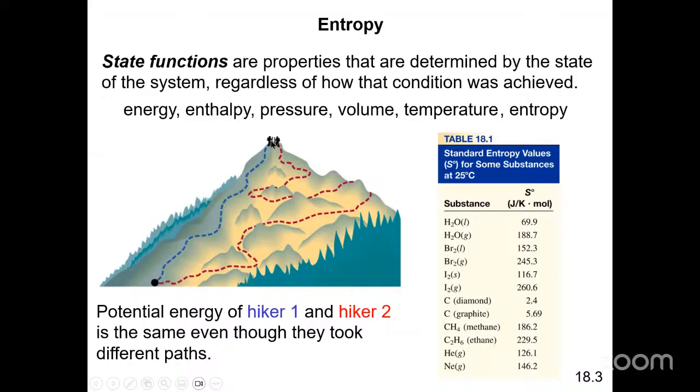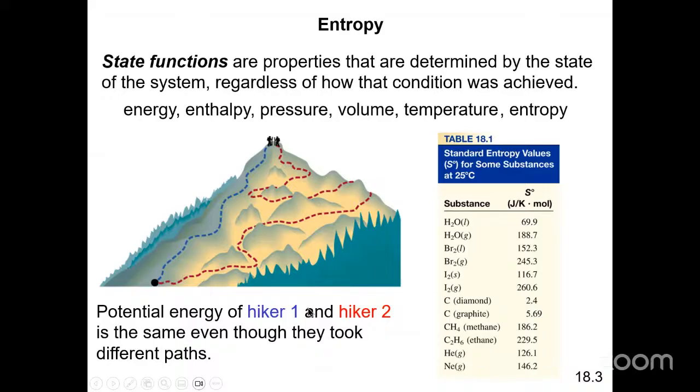They achieve the same goal of getting to the apex. So the difference in the height, which is analogous to the state function, is the same regardless of the path that each person took, all right? That's basically true also for entropy.